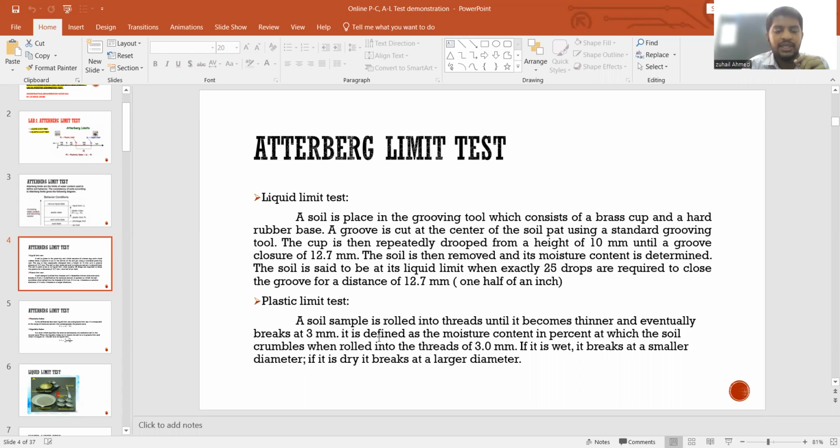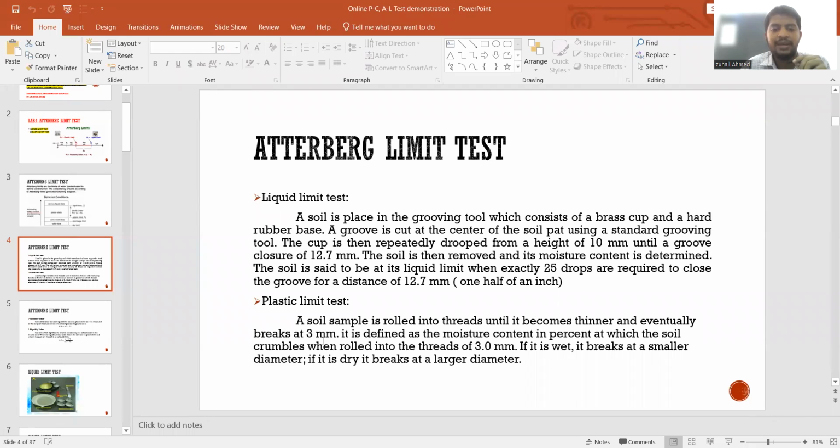So now here we are preparing a sample by adding water, and the soil sample is rolled into threads. We roll it into some kind of elliptical or roller shape, and after that we roll the sample on the glass plate until it becomes thinner and eventually breaks at 3 millimeter.